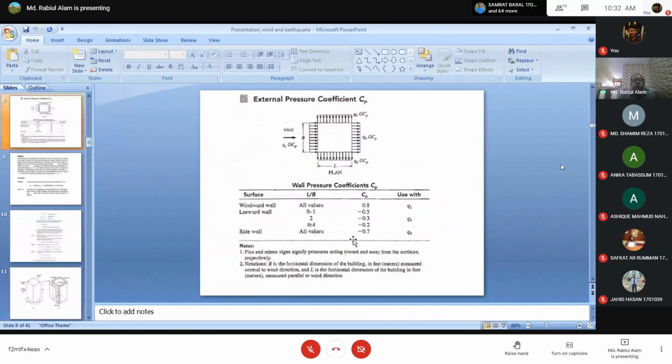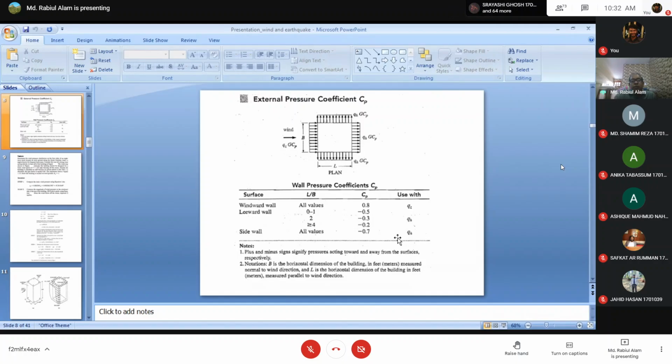That coefficient is given by ASCE, and if your structure is rectangular and you know B and L, then the CP value for all four sides is not the same, it's different.